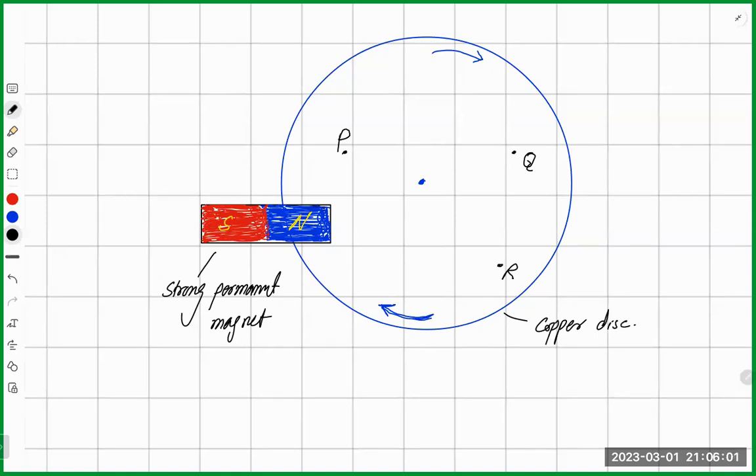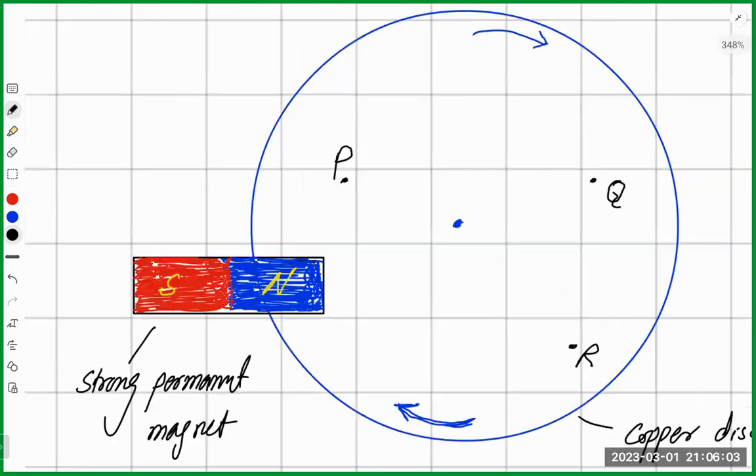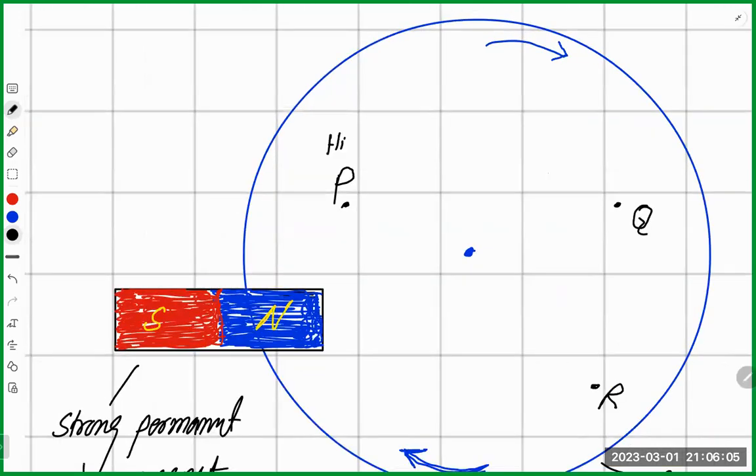It will have a point of high potential, P, and, for example, Q is a low potential point. So what will happen?